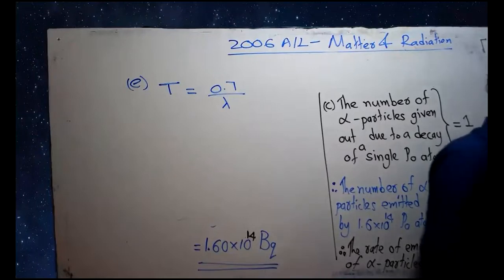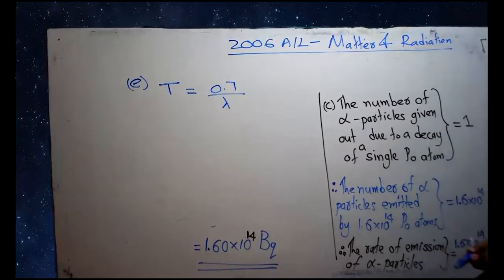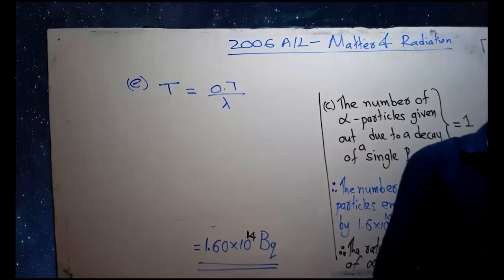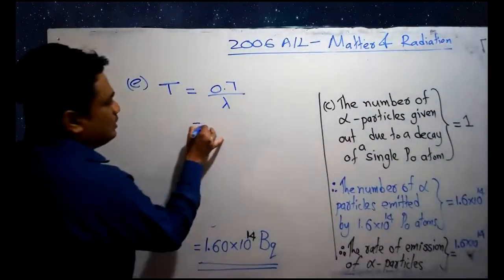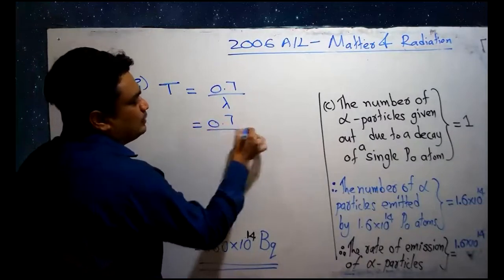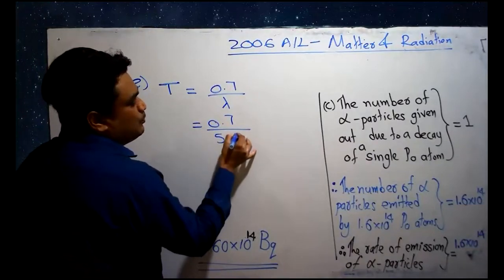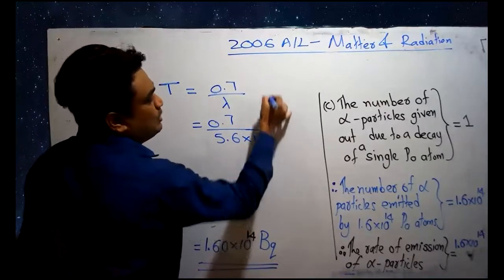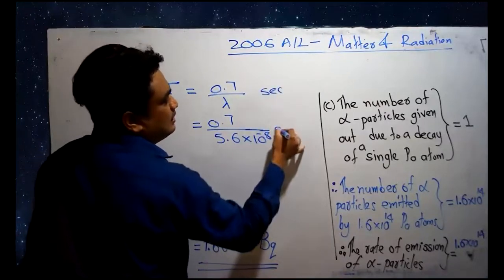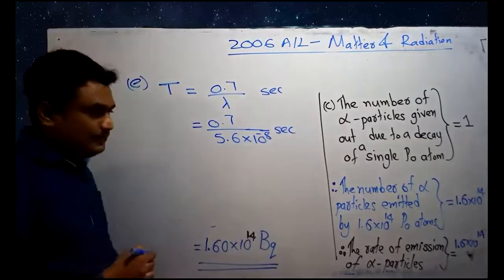Lambda is the decay constant. They have given the value of the decay constant as 5.6 into 10 to the power minus 8. You should remember that this is given per second.